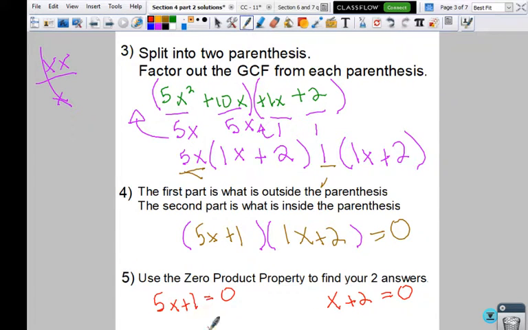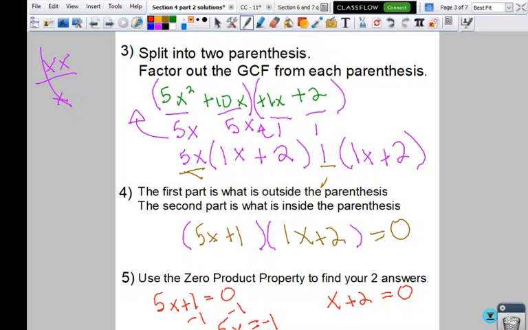So on this first one, what's the first thing I should do? Look at the first step. So minus 1 on both sides. We had 5x equals negative 1.